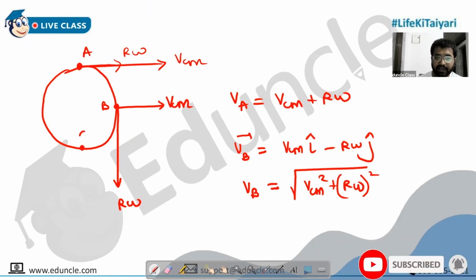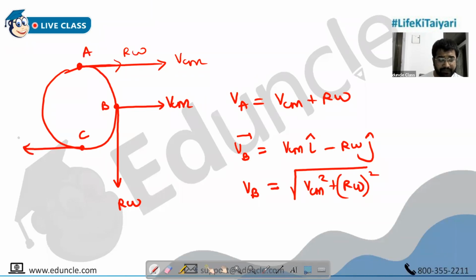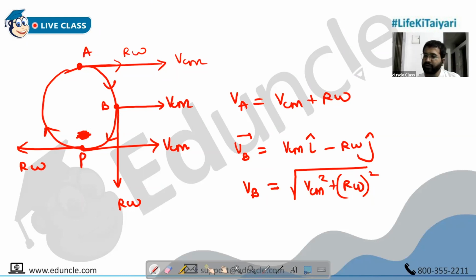Similarly, we have got a point C. Again, all the objects are moving in the forward direction with velocity VCM, plus there is a tangential, rotational velocity r omega, which is going in this direction. So at point P or point C, whatever, usually we write this as point P. Why P? P stands for point of contact. So we are not going to use notation C. Let's use notation P, which stands for point of contact.